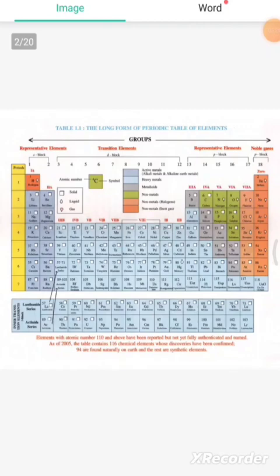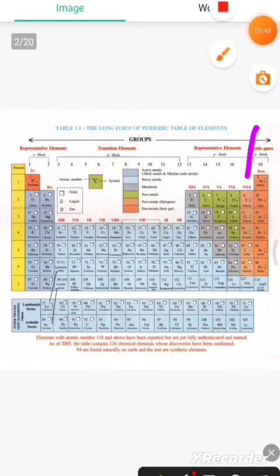Okay, then this side, your completely right side, is called your inert gases or noble gases or zero group elements. Then slightly before the noble elements are your halogens. I think all of you can see this 7A is called your halogens.